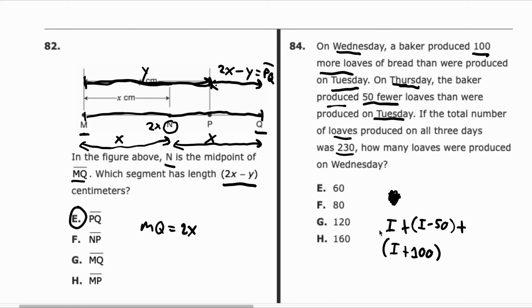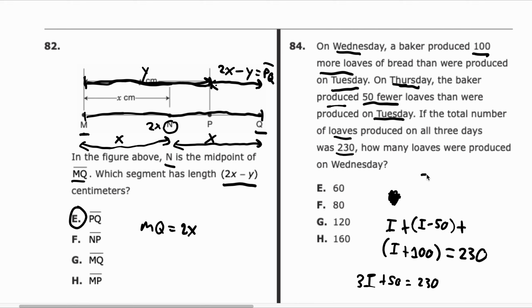So therefore, we can sum these quantities together to get the total number of loaves produced on all 3 days, and we know that that must be equal to 230. So now we can solve for I. We add up the I terms to get 3I, and then negative 50 plus 100 is just plus 50, and this is 230.